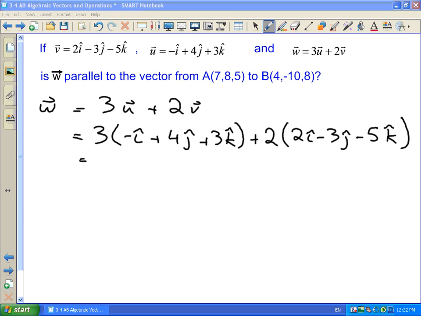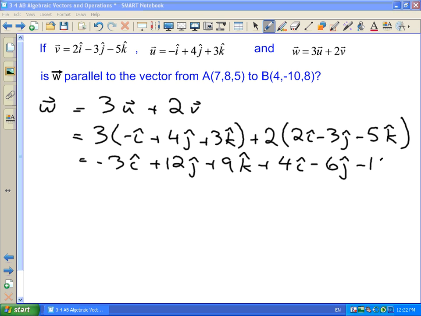Then we want to just do the scalar multiplication of u and v by these respective scalars, 3 and 2, and then add these two vectors together by adding the components together. So we'll get negative 3i hat plus 12j hat plus 9k hat plus 4i hat minus 6j hat minus 10k hat, and then collect our i components together, our j components together, and our k components together.